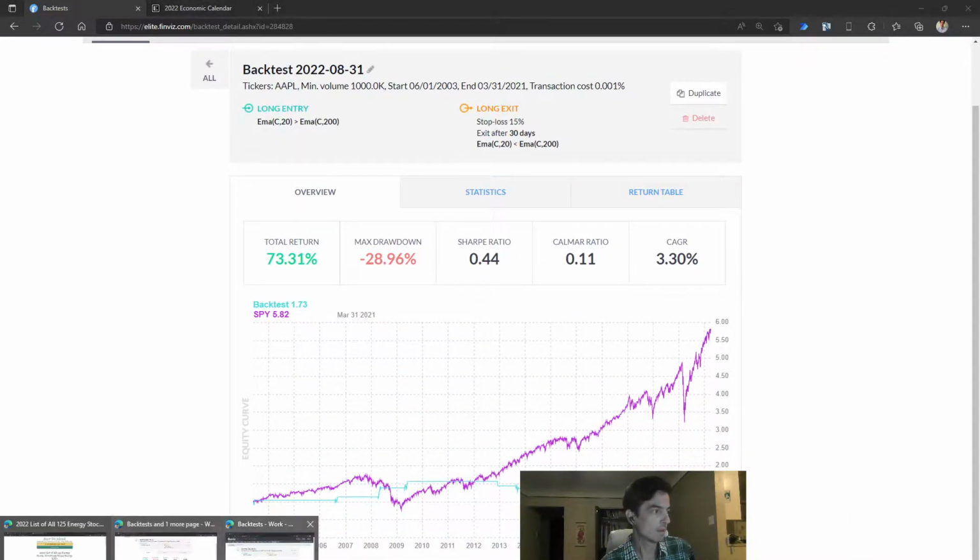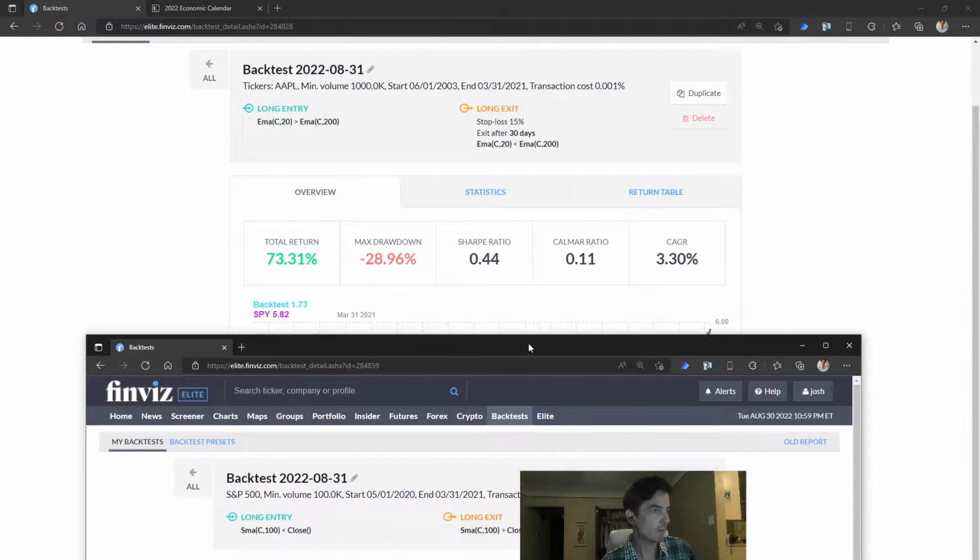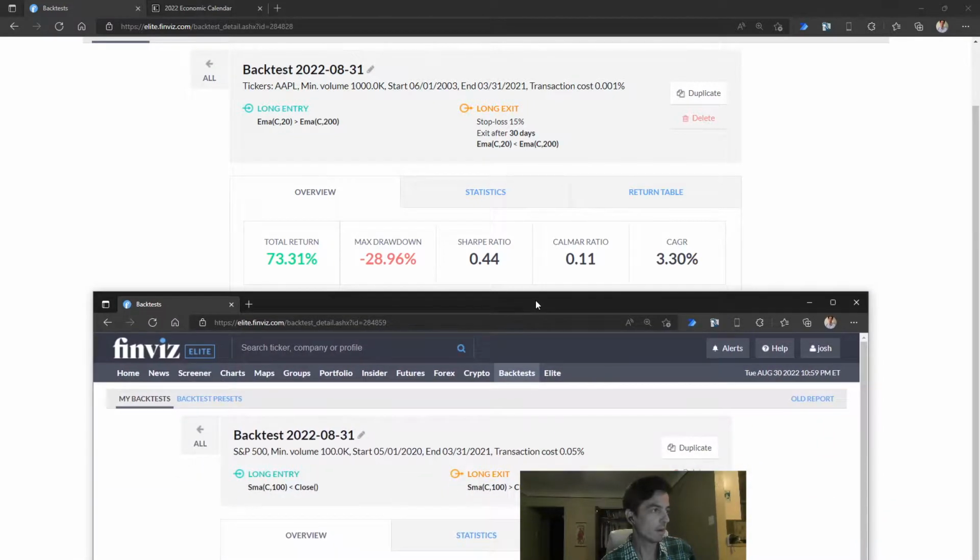Sorry. Right? Like, where are we here? Their max drawdown is less. Their Sharpe ratio is way higher, and their Calmar ratio is way higher. I'm going to say that those are good things. And their compound annual growth rate 40.